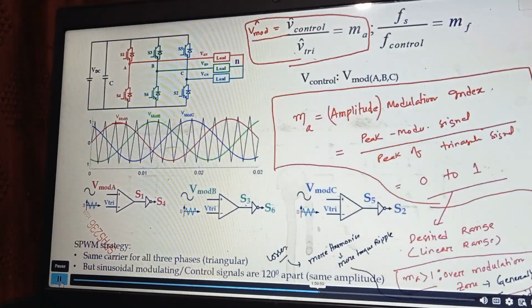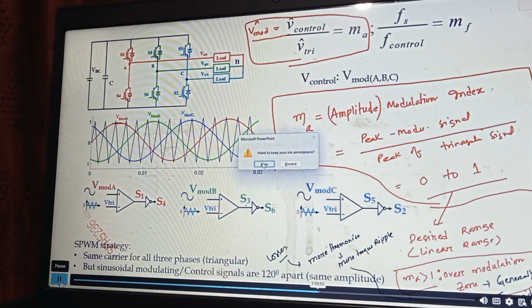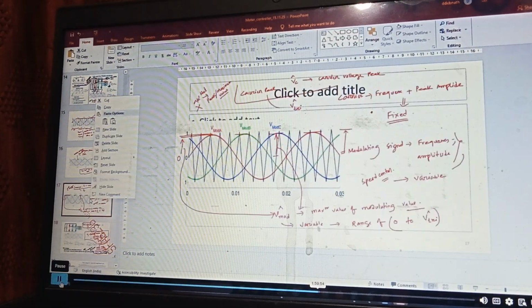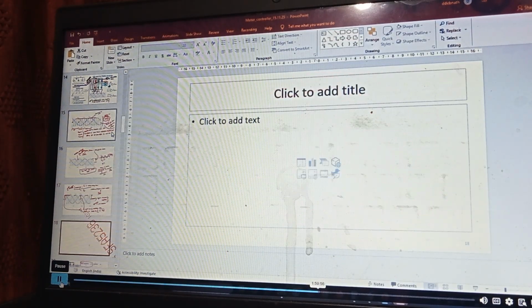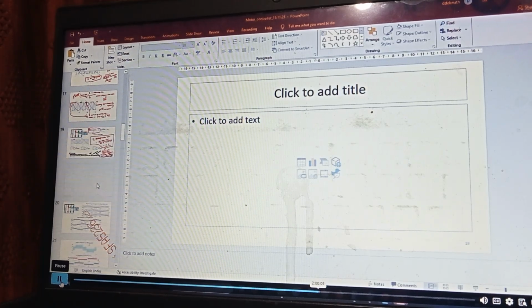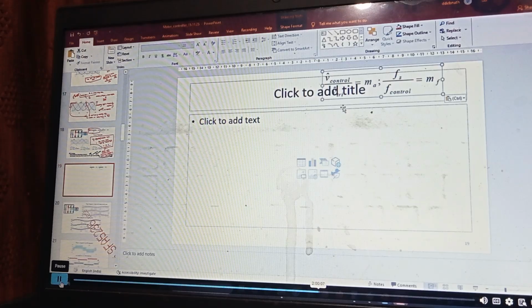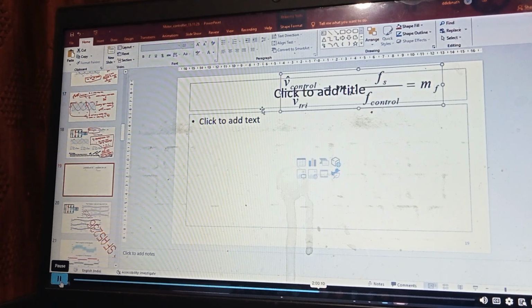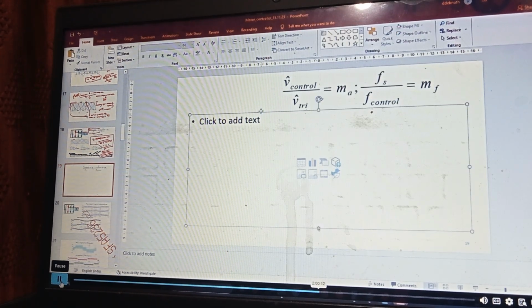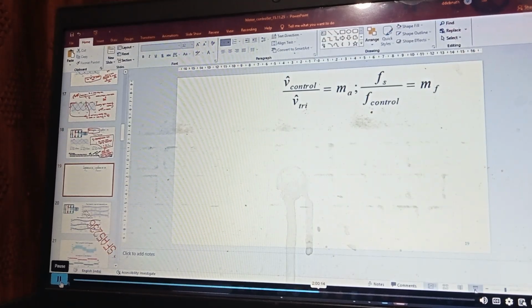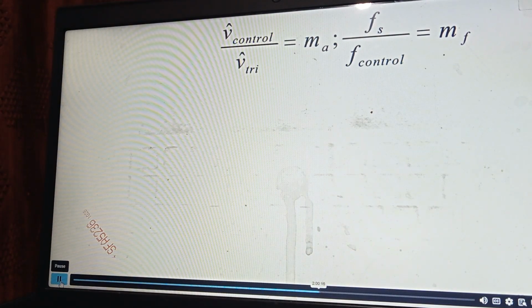There is one more ratio you can see, MF. One ratio we have studied, which is modulation index. Another important ratio is MF. I hope you understand the difference between both of them. One is MA, another is MF. MA is amplitude modulation index. So logically, MF is going to be frequency modulation index.